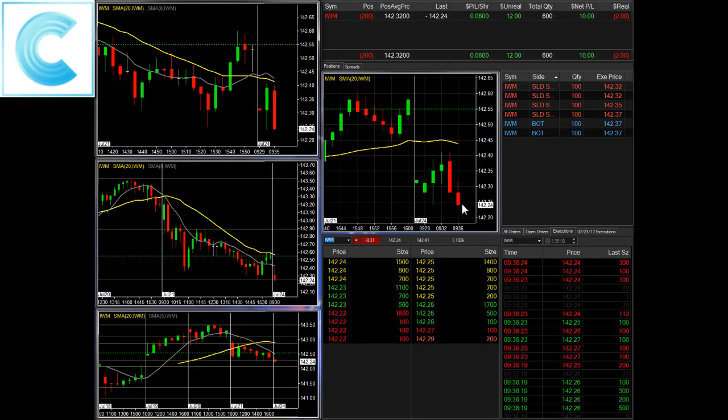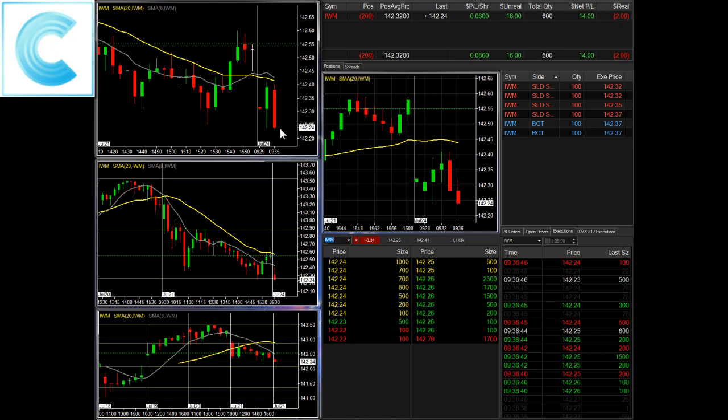Alrighty, so this is looking a little bit better. So we're at the 24s. Average price for 200 shares short is the 32s. And so a little bit of positive sign that we're actually on the right side of the trade at this moment. As I mentioned earlier, the markets did gap down, ran up a tiny little bit on the 5 and the 2-minute chart.